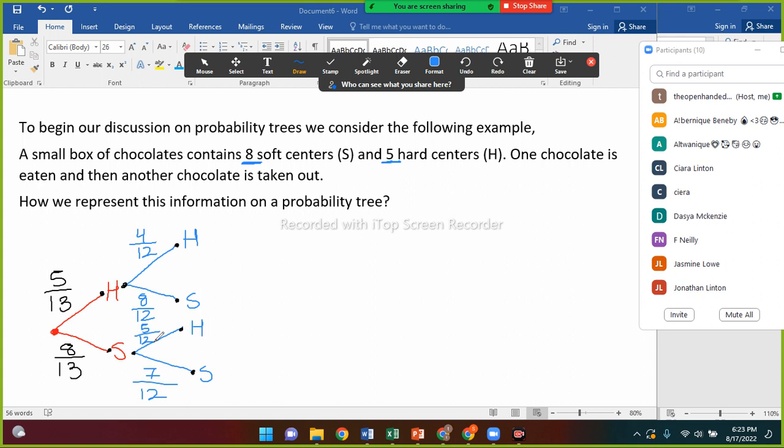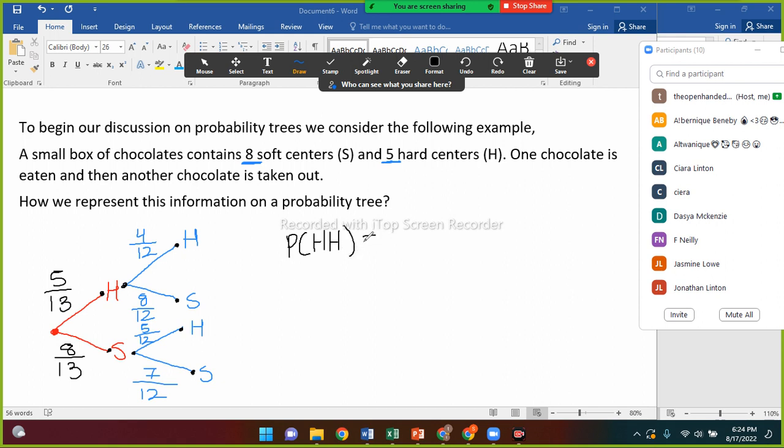So now, what if I want the probability that I get a hard-centered chocolate and a hard-centered chocolate, so both of them were hard-centered chocolates.